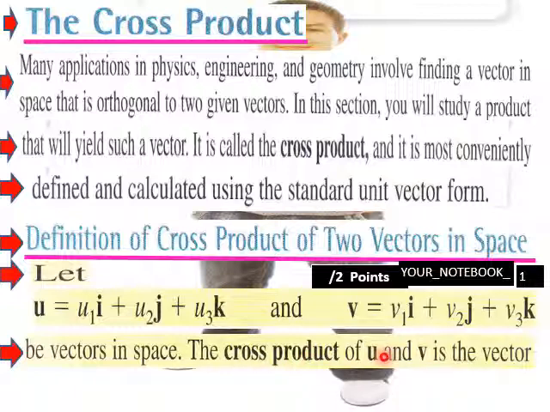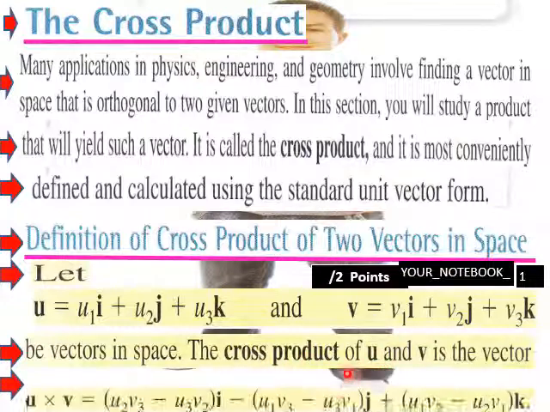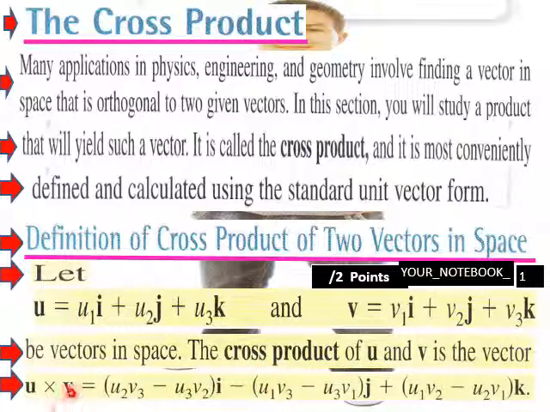The cross product of u and v is the vector u cross v, which is (u2v3 minus u3v2)i minus (u1v3 minus u3v1)j plus (u1v2 minus u2v1)k. So that's quite a clutch of information. Make sure this goes in your notebook, page 1.